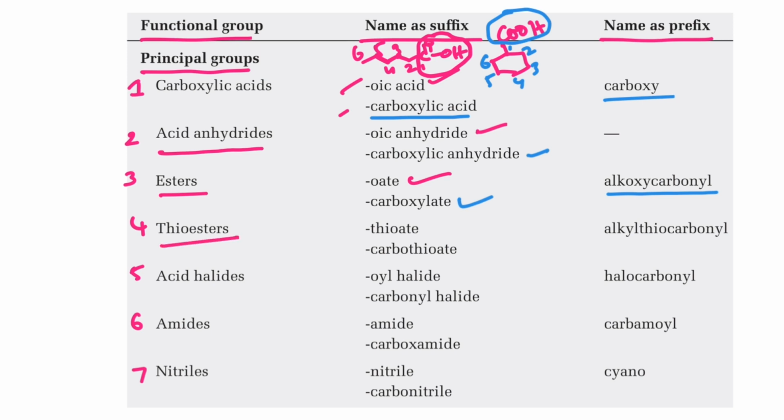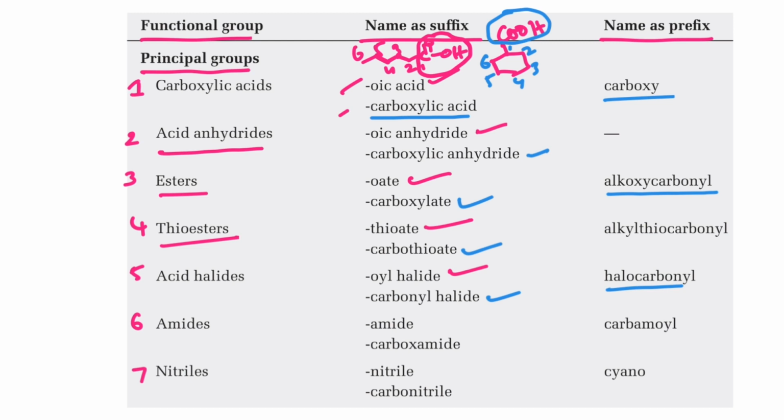Similarly, thioester: thioate, this carbon counted, and carbothioate, that is carbon not counted. Next one, oyl halide, meaning acid chlorides or bromides, that carbon is counted. Then carbonyl halide means that is not counted. The prefix name is halocarbonyl.